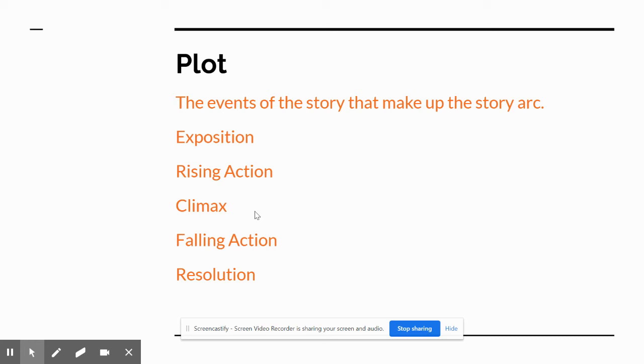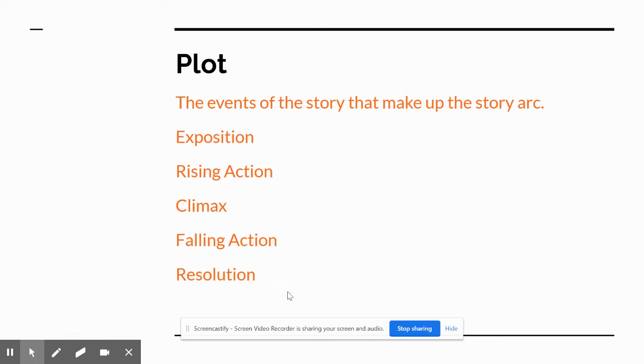This is usually not in the middle of the story, even though it's at the middle of the story arc. It's just that there's two before and two after, but usually our climax is further along in the story because you want to keep your audience engaged most of the way through the story. And then most stories have some falling action, and then they have a resolution where all the conflict is resolved.